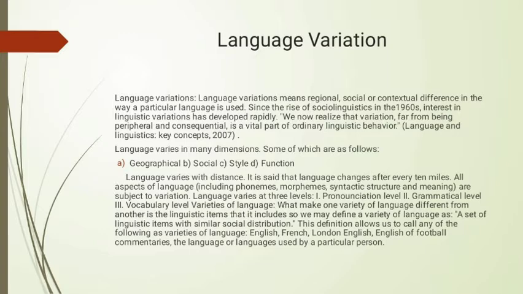The varieties of language: what makes one variety of language different from another is the linguistic items that it includes. So, we may define a variety of language as a set of linguistic items with similar social distribution. This definition allows us to call any of the following varieties of language: English, French, London English, English of football commentaries, the language or languages used by a particular person.